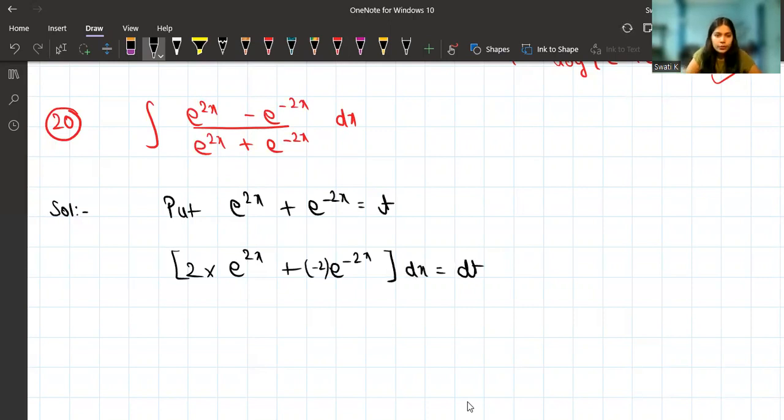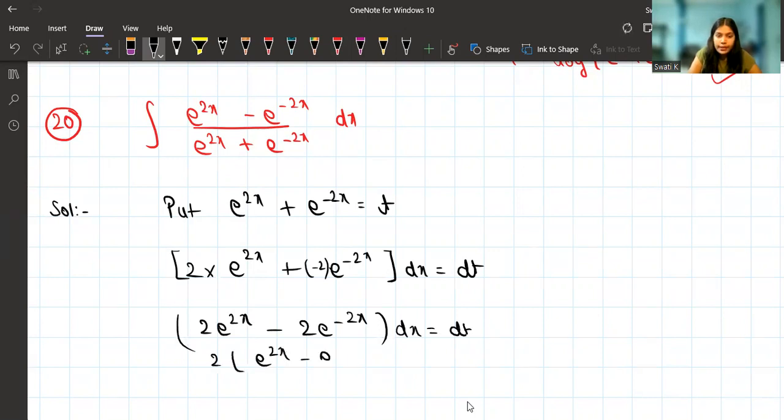So this will become 2 e raised to 2x plus minus minus 2 e raised to minus 2x dx equals dt. Now from here, I can take 2 common. So I'm getting e raised to 2x minus e raised to minus 2x dx equals dt upon 2.